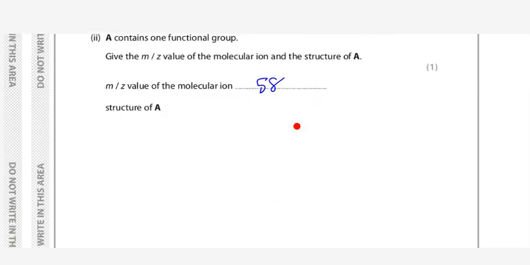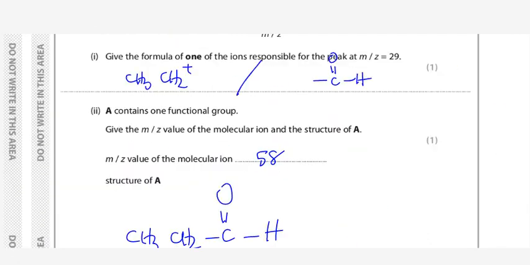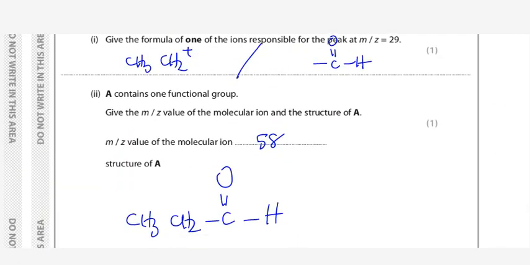C2H5 group is also 29. 29 plus 29 is 58, right? So structure of A should be propanal. So C2H5 group gives you a mass to charge value of 29, and the aldehyde group also will give a value of 29. So it's propanal.